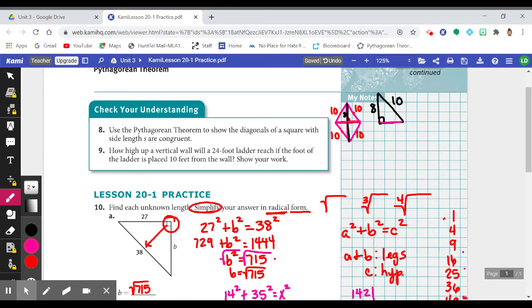And we'll use the Pythagorean theorem to do it. So we'll call this leg B, and we'll say 8 squared, one of our legs, plus the other leg squared is equal to our hypotenuse squared. 8 squared is 64. 10 squared is 100. Subtract 64.